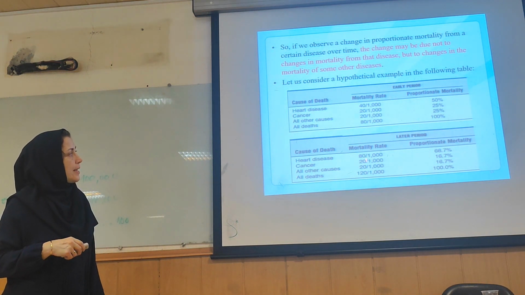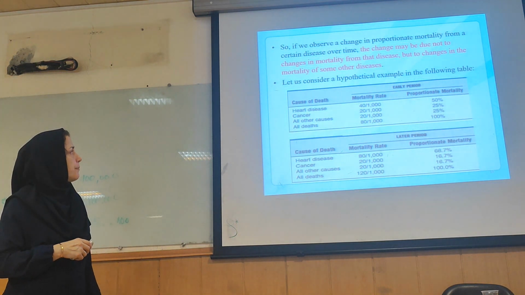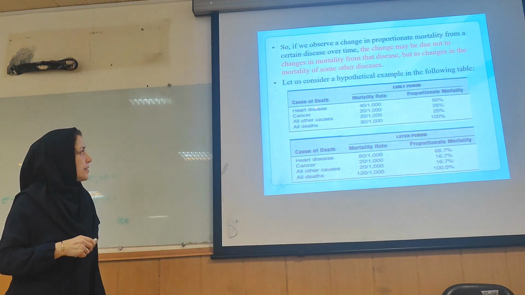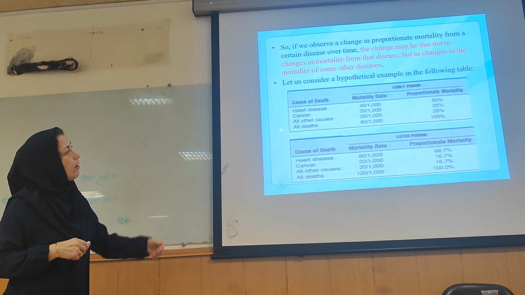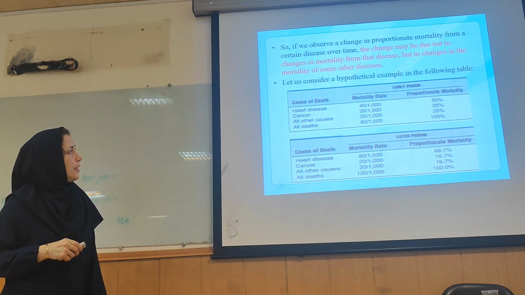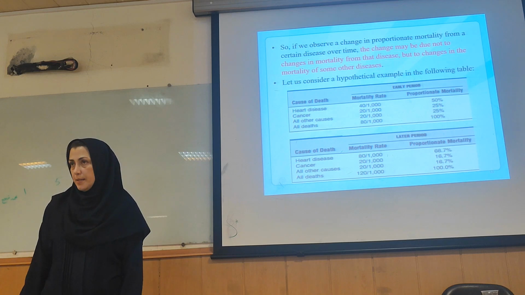In early period and in later period. Okay? Here you can see the causes of death: heart disease, cancer, all other causes, and the total. Heart disease has 40 per thousand, cancer 20, all other causes 20, and the total is 80.